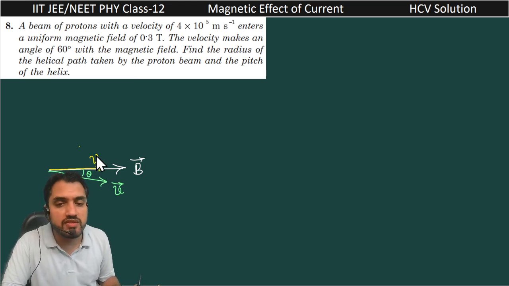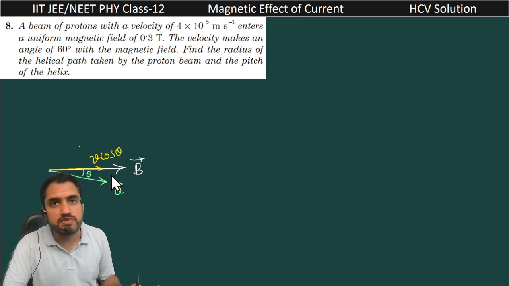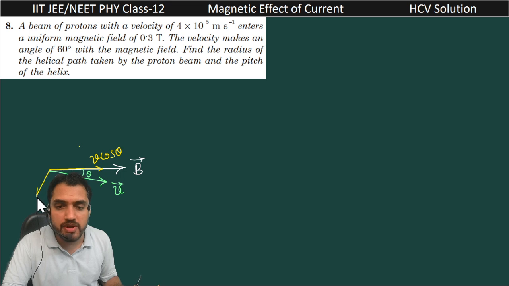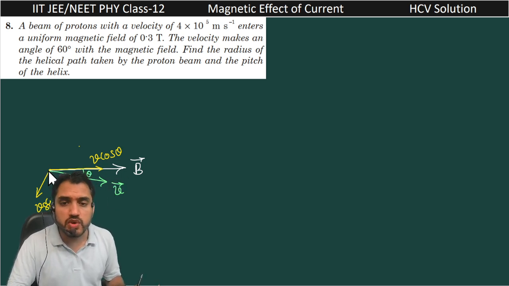One is v cos theta, which is in the direction of the magnetic field and is not responsible for the force. The perpendicular component to the magnetic field is v sin theta, and this v sin theta will be responsible for the circular motion due to the force of this magnetic field. So we write it as v perpendicular, and this is the parallel component.